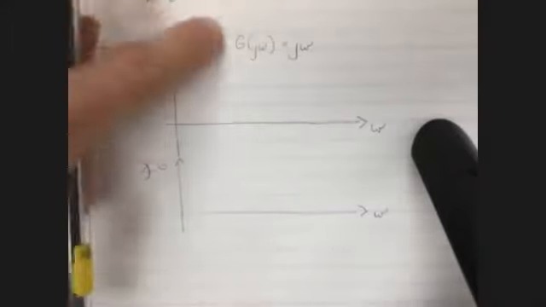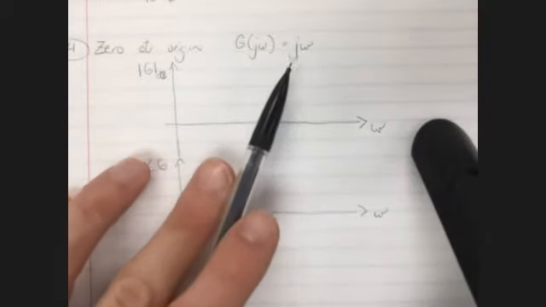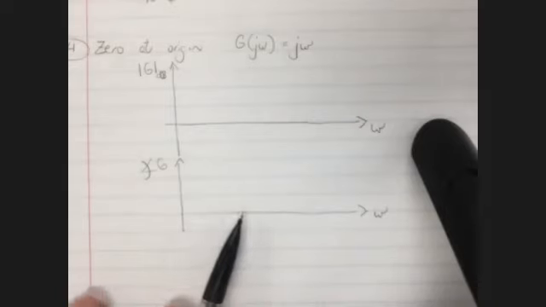So when you have this situation of a zero at the origin, we know that a zero gives me that positive slope of 20 dB per decade, but it kicks in at omega 1. And here we're not really talking about omega 1 at all. Here it would give me that plus 90, but it would kick in at 0.1 omega 1.